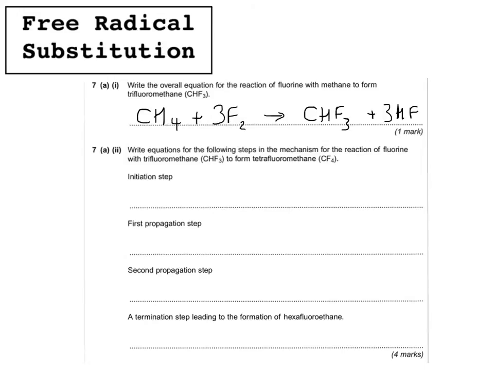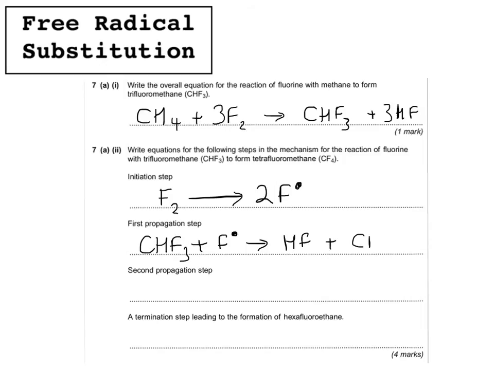So the initiation step is always going to be your halogen breaking down into 2 free radicals. Then your first propagation step is going to be CHF3, so that is the haloalkane that you're starting with, reacting with one of your free radicals, and that will make HF, so your free radical will grab the hydrogen off that haloalkane, and you'll make CF3 dot.